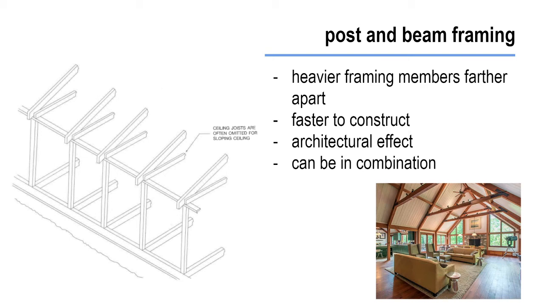Post and beam framing uses heavier framing members that are spaced further apart from each other, and these heavy pieces of lumber are joined and fastened with special hardware. Now, because this uses fewer pieces of material, it can be faster to kind of erect the building, and although the framing members are large, their wider spacing results in a saving of material overall.